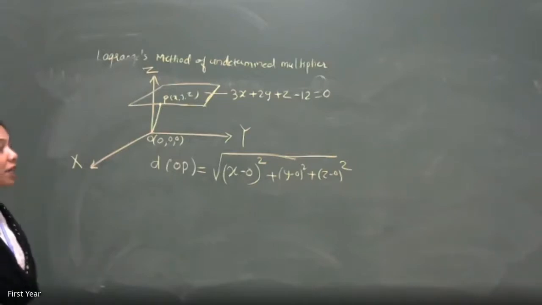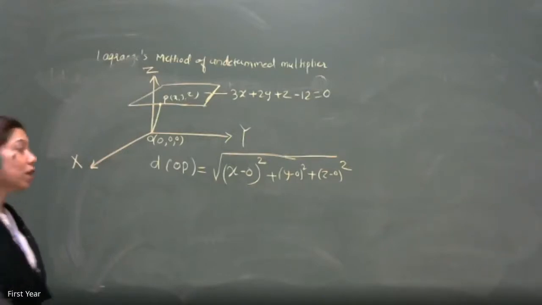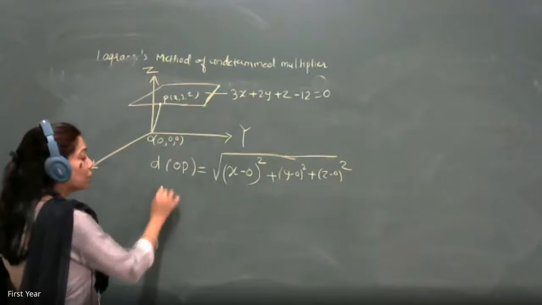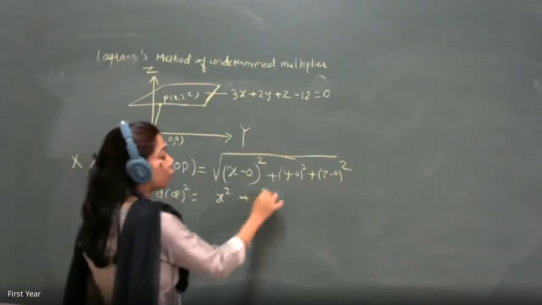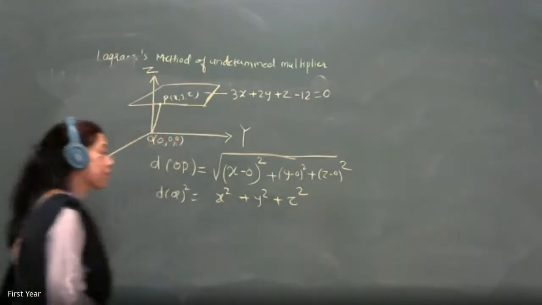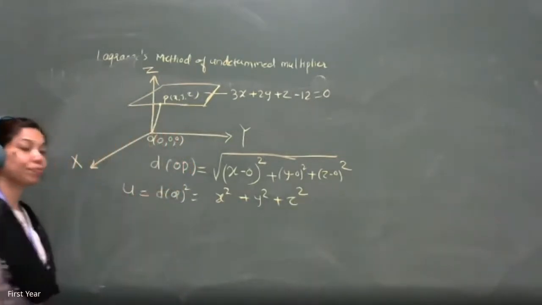If I take this distance as a function to be optimized, then when I take the derivative, by Lagrange's method or the maxima-minima method, the square root derivative becomes a bit complicated, 1 upon 2 root and so on. So I will square this. So distance OP square is nothing but x square plus y square plus z square, and this I will consider as u.